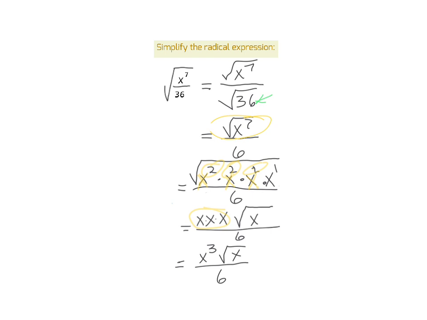As it's written here, I cannot simplify it any further. This is as simplified as this radical expression will get. So that would be how we would simplify the radical expression, the square root of x to the 7th divided by 36.